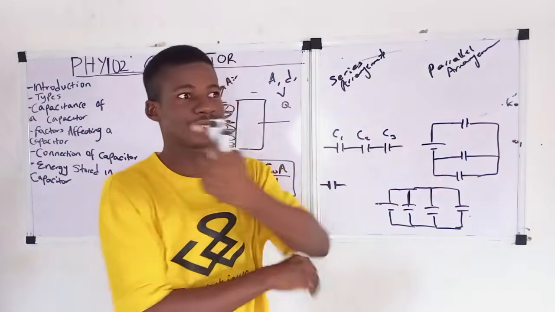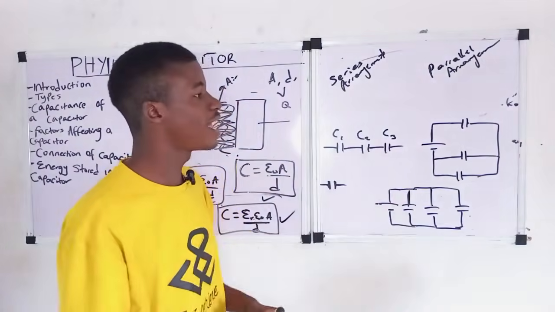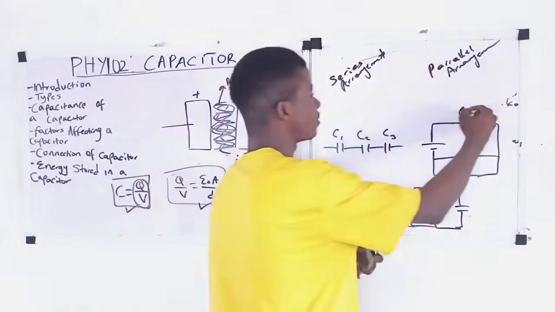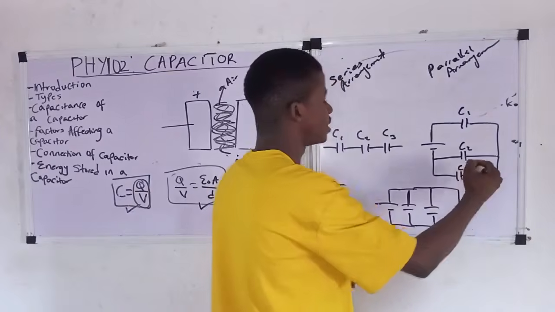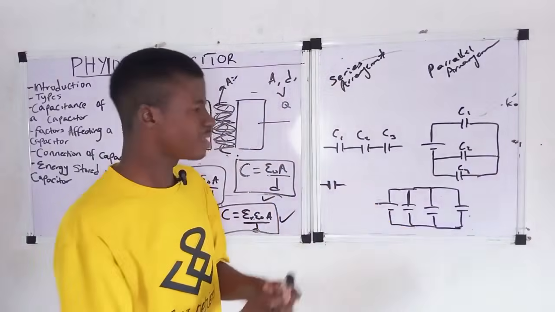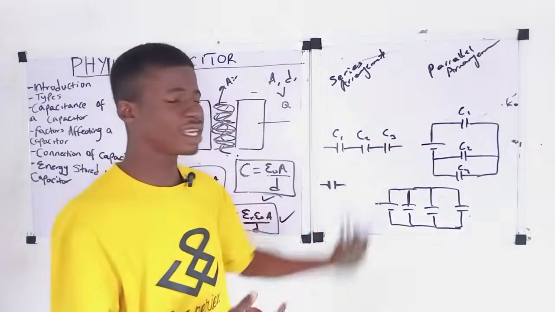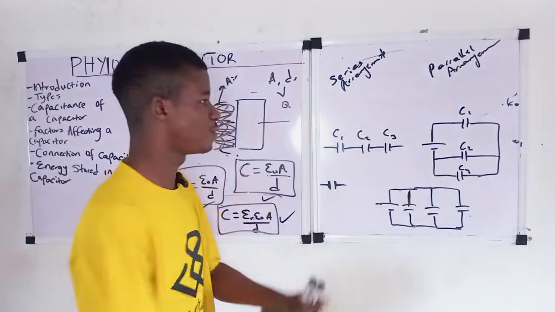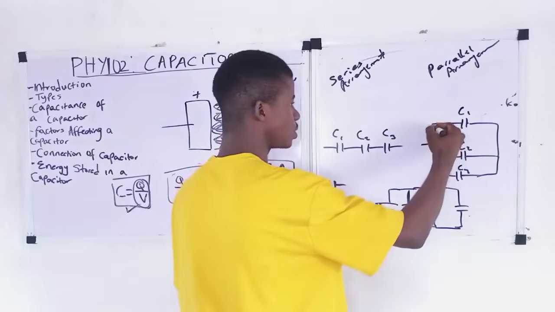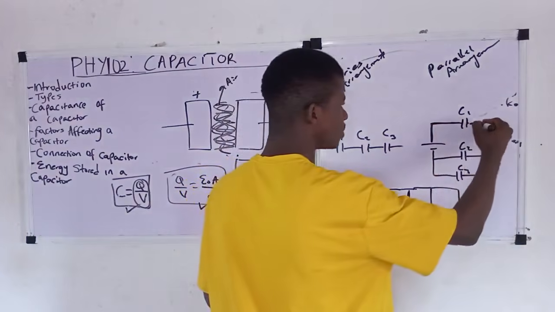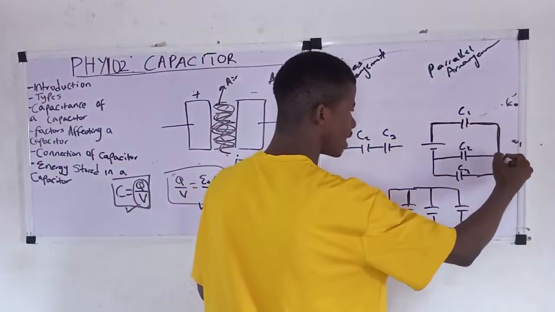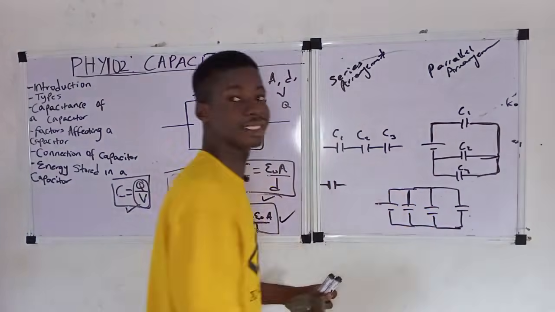There's no division. But if you look at this other one, let's say C1, C2, C3, you find out that this is parallel. Look at it very well: it goes like this, then like this, then like this, and you find that it divides.